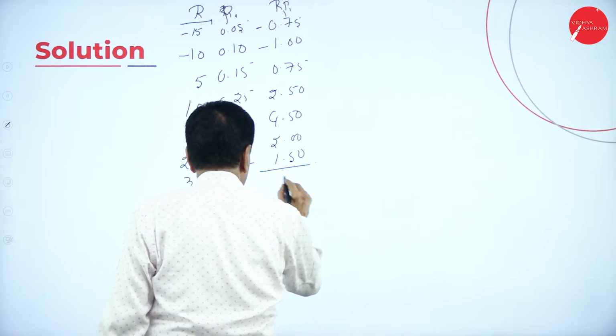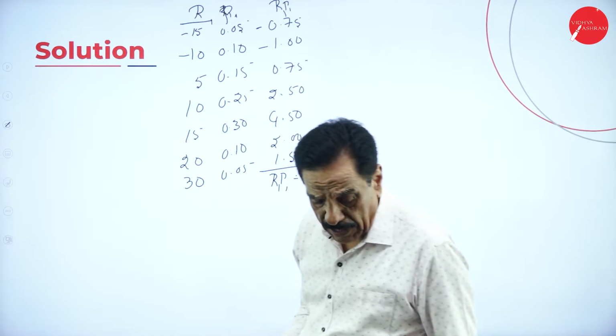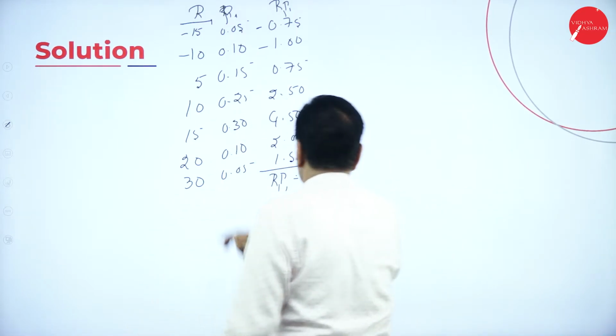This is sigma R1 P1 is equal to 9.50, the mean 9.5.